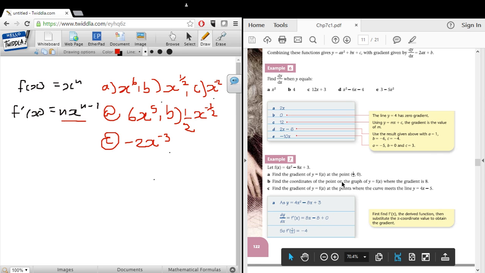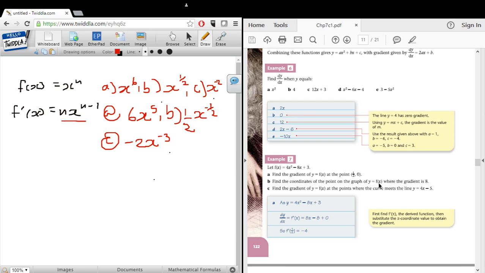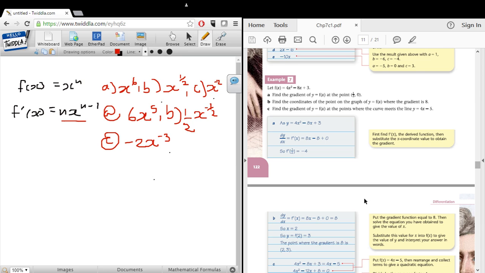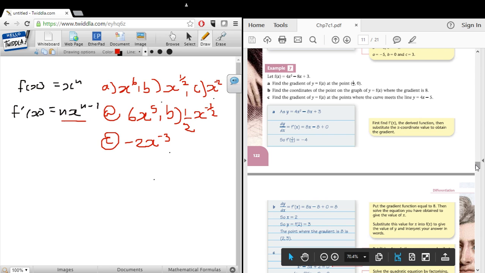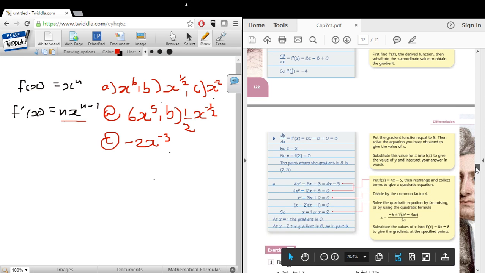Find the coordinates of the point on the graph of y equals f(x) where the gradient is equal to 8. So we know the gradient is equal to 8, they've differentiated it, so we have x equals 2, we have the x coordinate. Put it back into our equation here, we get y is 3, so we have (2, 3). So at (2, 3), that coordinate, okay, (x, y), we have that the gradient is 8.